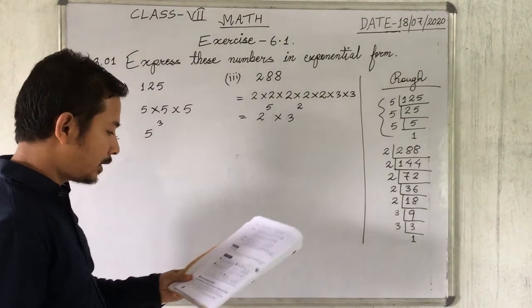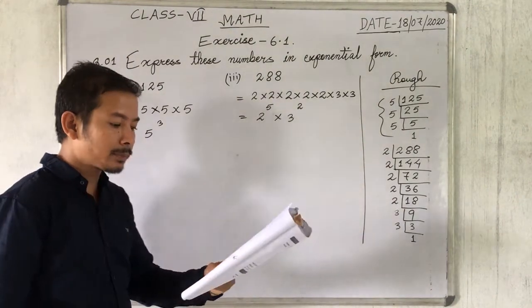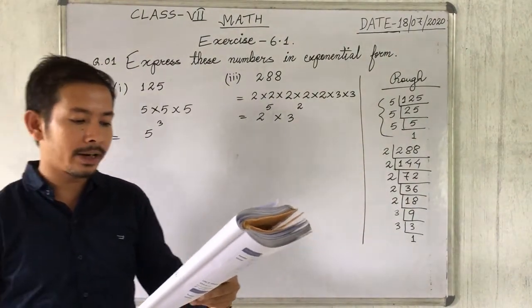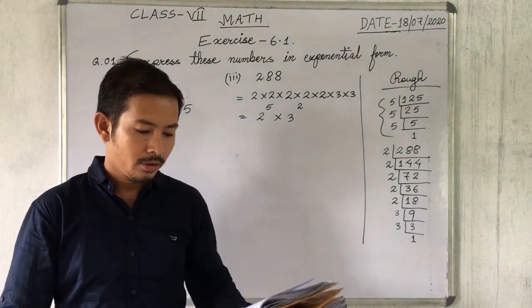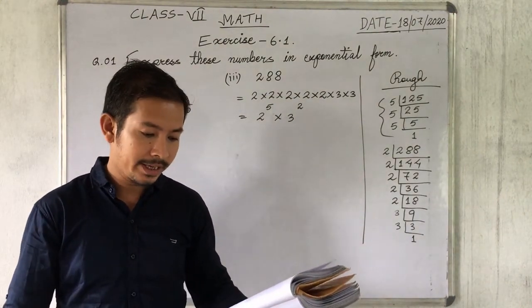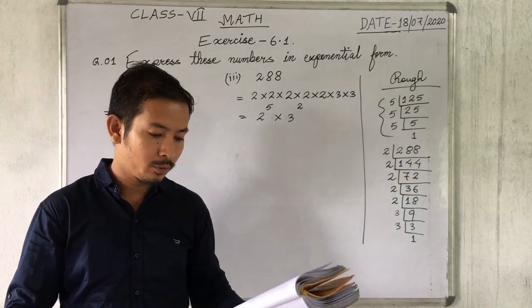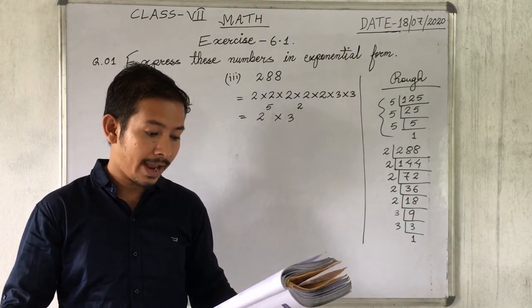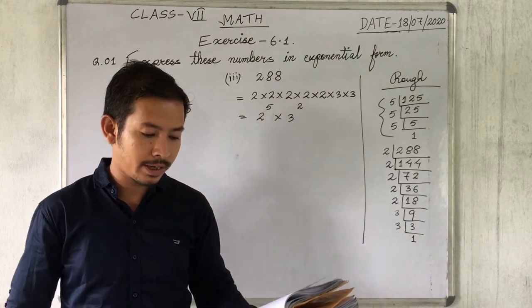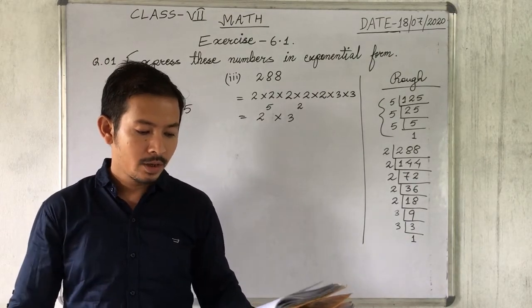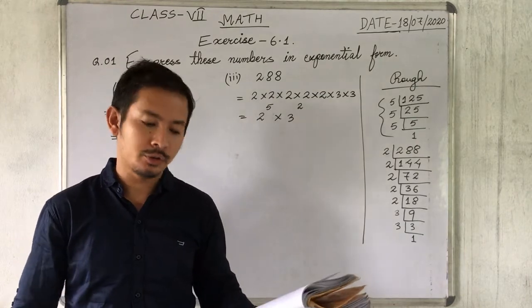Now see here in question number 2: express the numbers in their expanded form and write their values. In question number 2 there are 8 questions as given here, and we have to find the expanded form of these, and after that we have to find the values also.